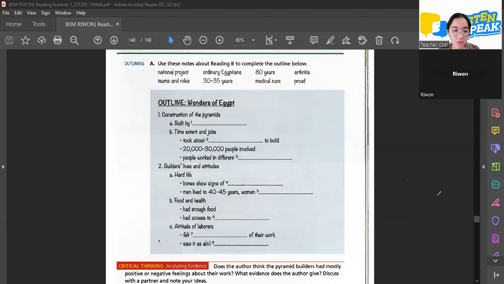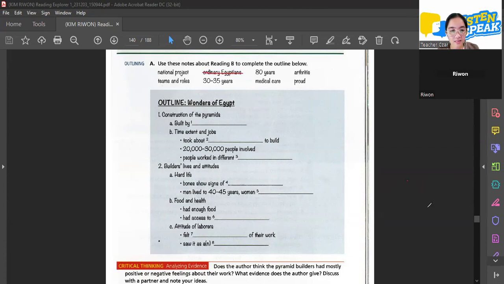It is about the workers who have teams. Because in building the pyramid, there are different roles and teams. Each team has a different role, because some of the teams will dig up rock, some will move it, and some other teams will shape it into blocks. That's why there are teams and their roles. So built by ordinary Egyptians. Yes, it is.